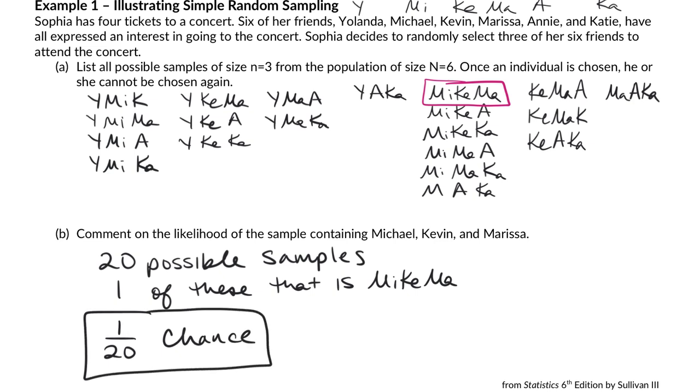But all of them have an equal chance of occurring. They all have a 1 in 20 chance of being the group of friends I pick. Since they all have an equally likely chance of occurring, this is a simple random sample.